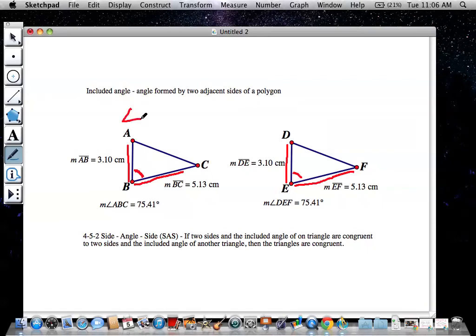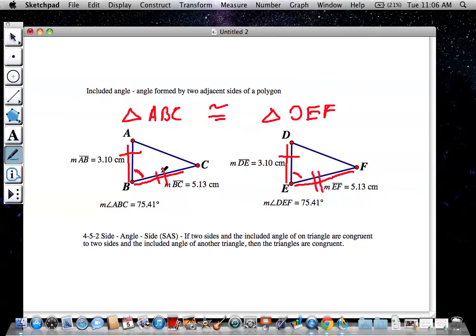So triangle ABC and triangle DEF here are congruent because if you look, AB is 3.1, DE is 3.1, so they're congruent. BC is congruent to EF, both of them are 5.13.